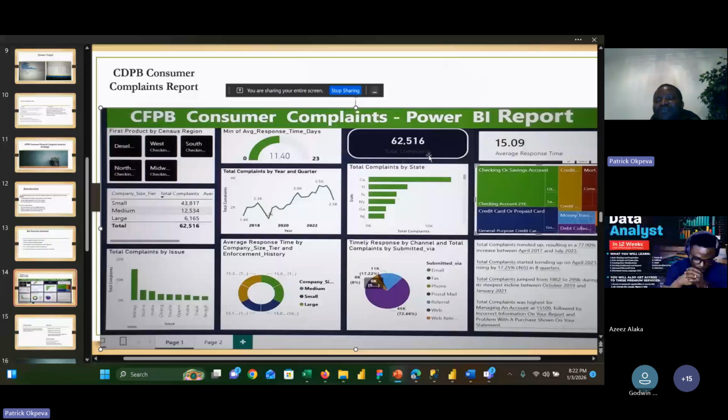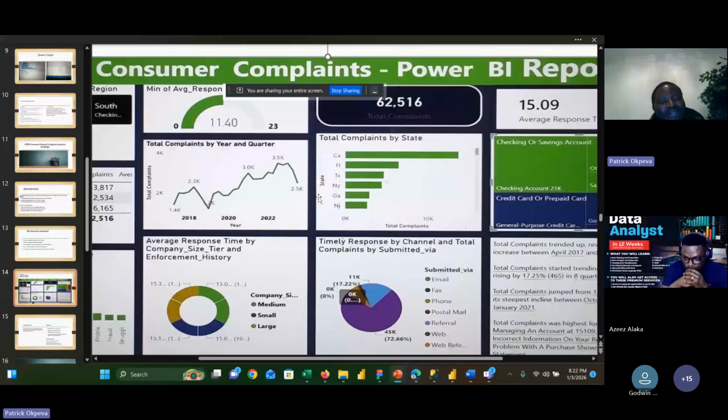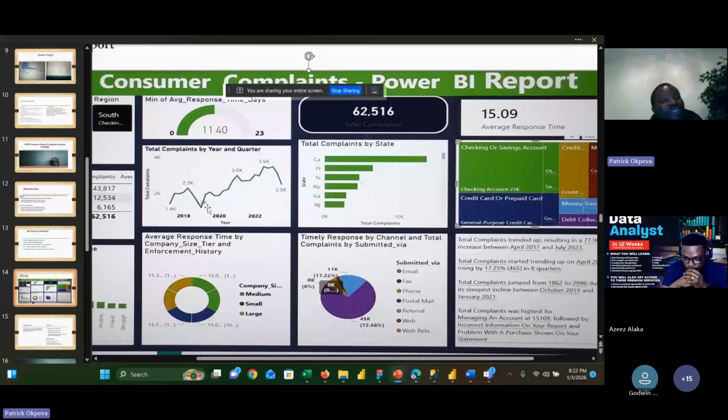Average response time is 15.09 per minute. And for total complaints by year and quarter, we can see the trend from this line chart, whereby the complaints range from 2017 to 2023.